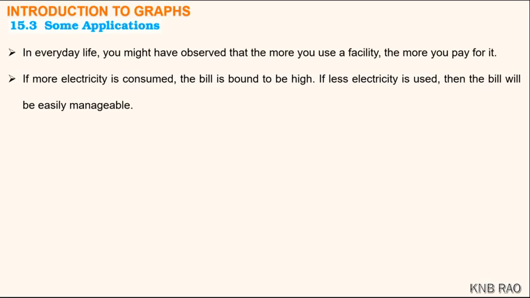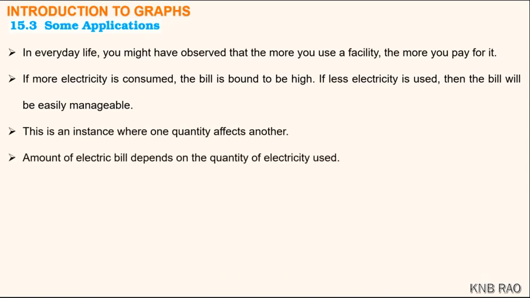If less electricity is used, then the bill will be automatically manageable. So, this is an instance where one quantity affects another quantity. The amount of the electricity bill depends on the quantity of electricity that you use.